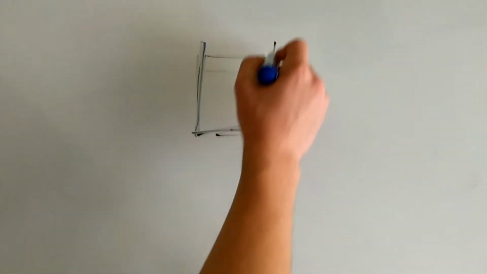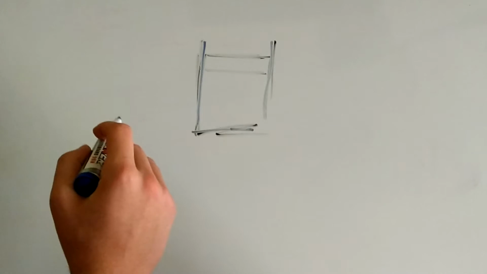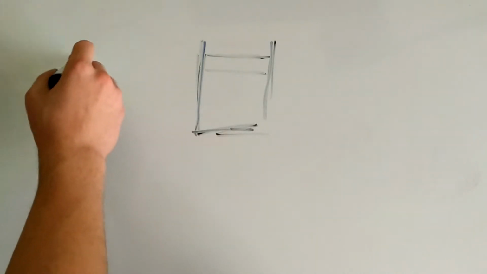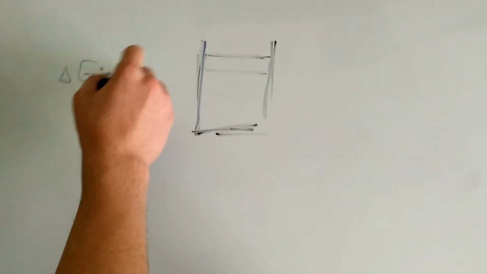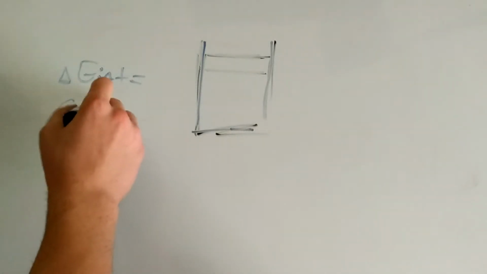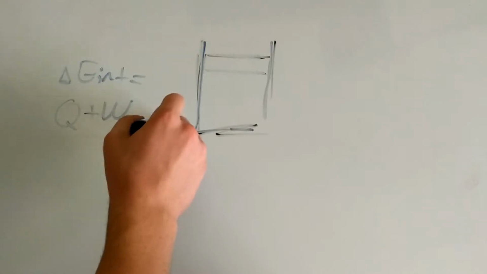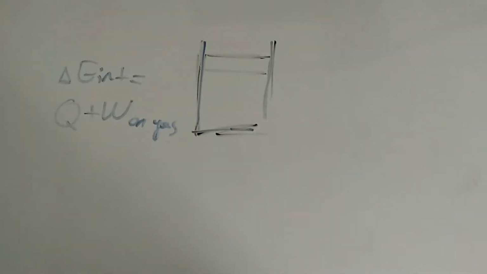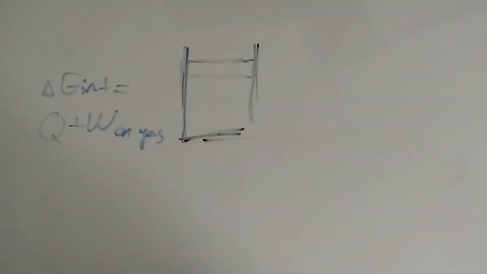So what would that mean for our equation? Now the equation was the change in internal energy is equal to the heat plus the work done on the gas. Now, since this is an isolated system, basically we do not have any energy transfer.